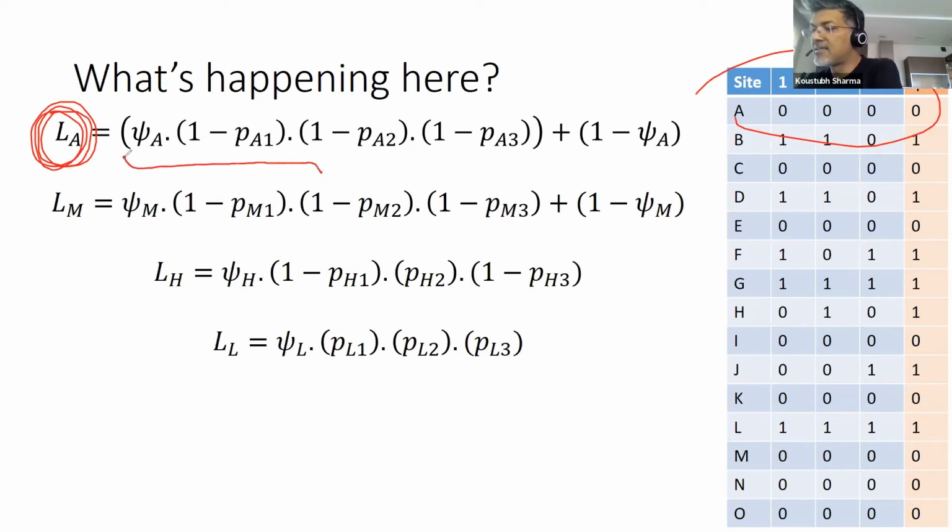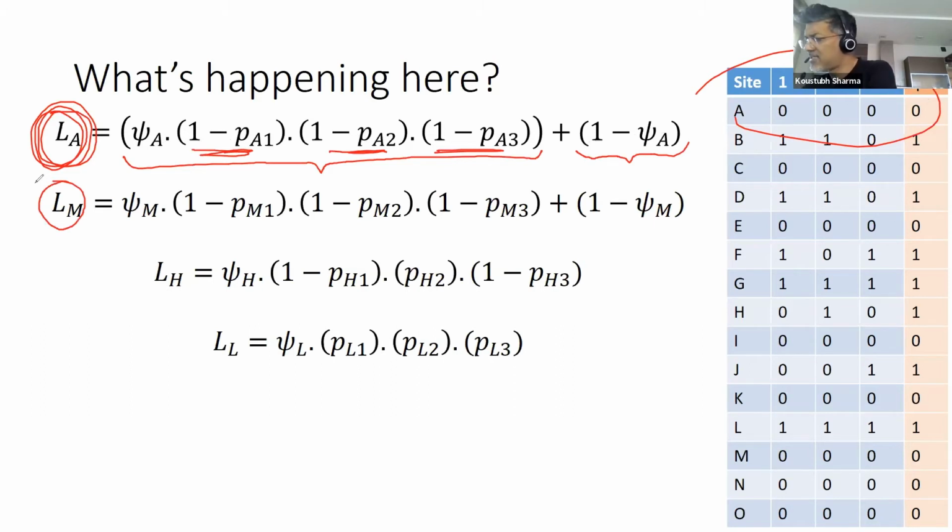One element is that the species is present and I have not detected it, with 1 minus PA1, 1 minus PA2, and 1 minus PA3 probabilities. Or possibility two is that the species itself is absent in that unit. The probability of a species not being there in a certain unit is 1 minus psi A.